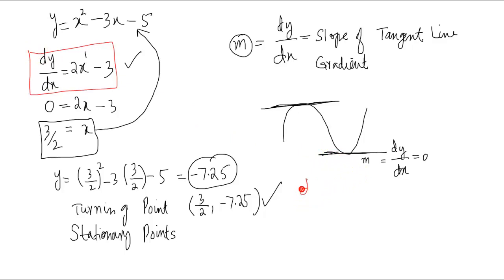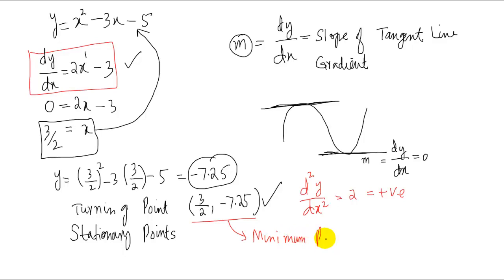We write the second derivative like this: d square y over dx square. The second derivative will be 2, and this is positive. When the second derivative is positive, it means this turning point is a minimum point.